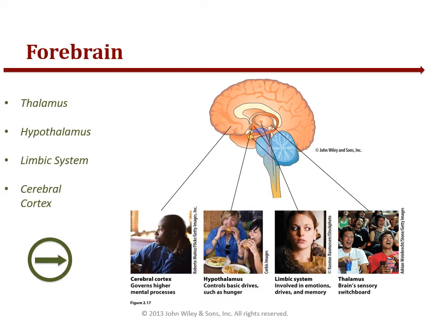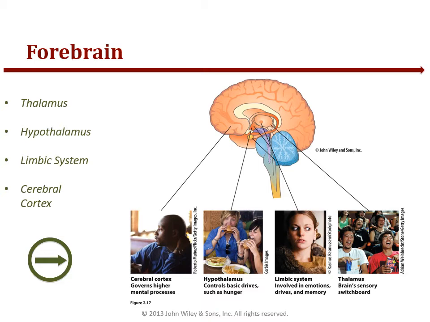Now, the forebrain. The forebrain has four particular sections: the thalamus, the hypothalamus, the limbic system, and the cerebral cortex. The thalamus is at the top of the brainstem, and it serves the brain as, think of a switchboard that relays sensory messages to the cerebral cortex.